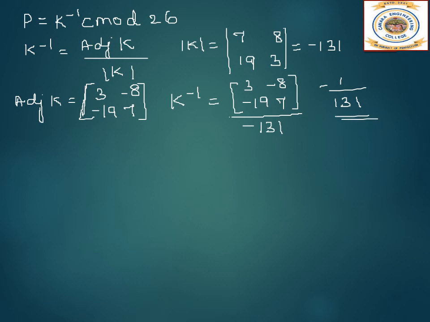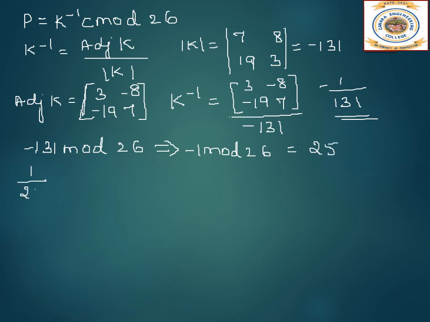First, minus 131 mod 26, I get minus 1 mod 26, which will be equal to 25. Now I have to take the inverse of 25.